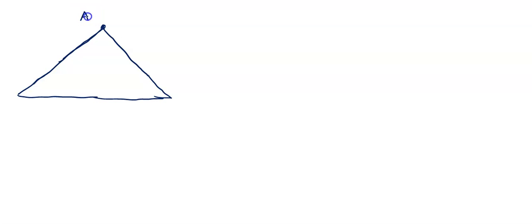The question says there is an equilateral triangle again, with vertices A, B, C. They have given the charges: charge on A is Q, charge on B is also Q, and charge on C is minus Q. The side of the equilateral triangle is L, so all sides are L only.